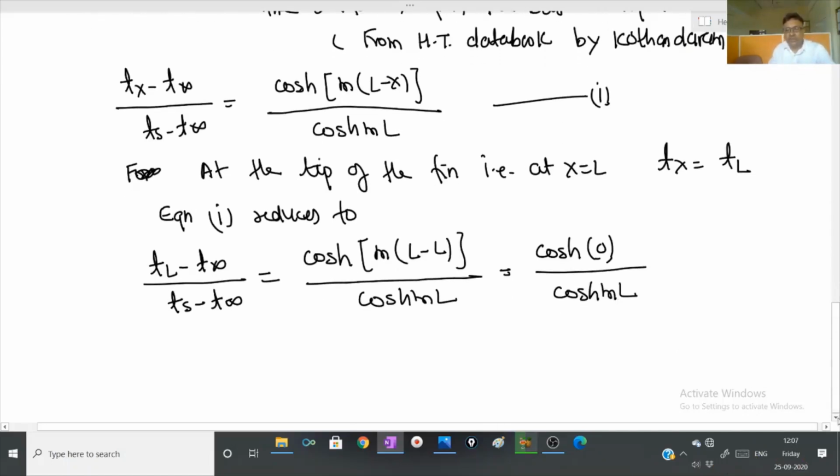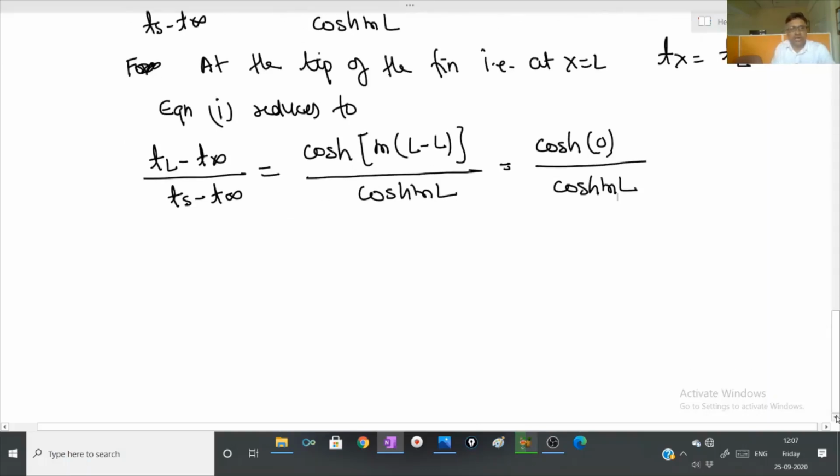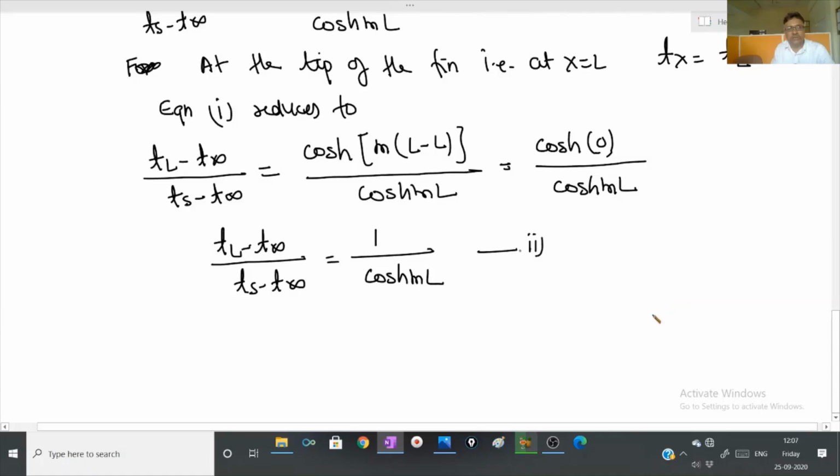After simplifying this, taking the value of cosh(0), the temperature distribution at the tip of the fin will reduce to 1/cosh(mL). Let's say this is equation number 2, and cosh(0) is nothing but 1.